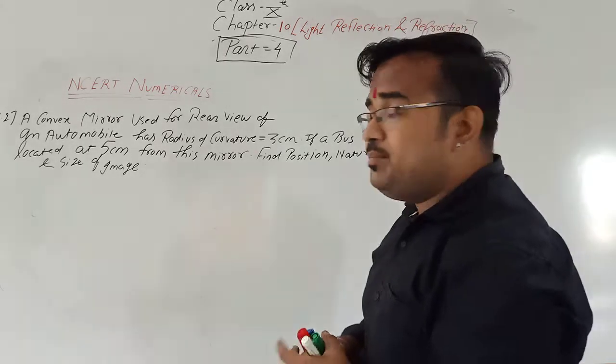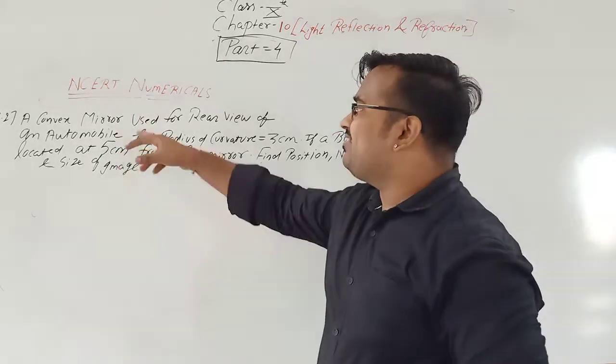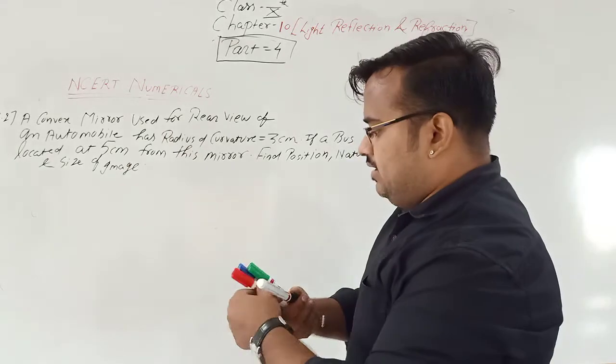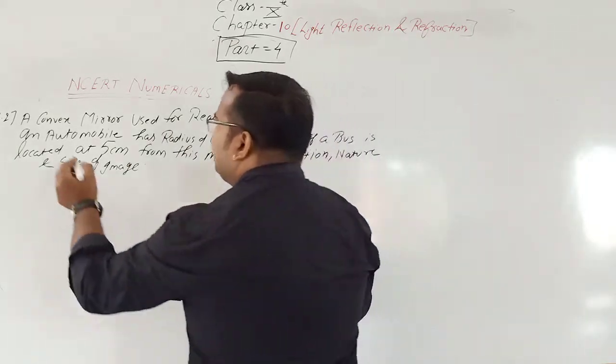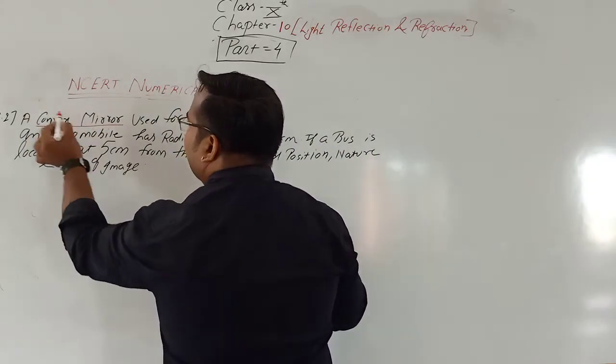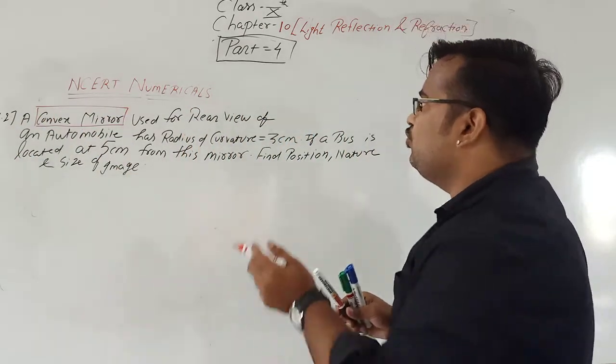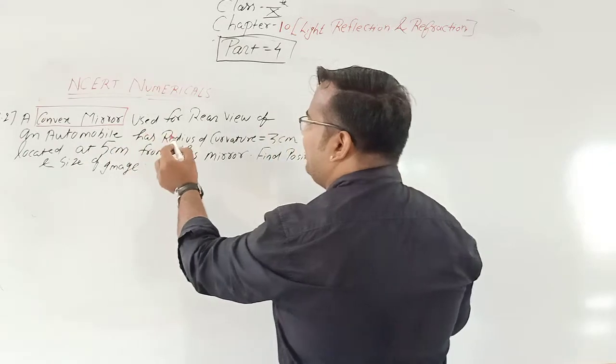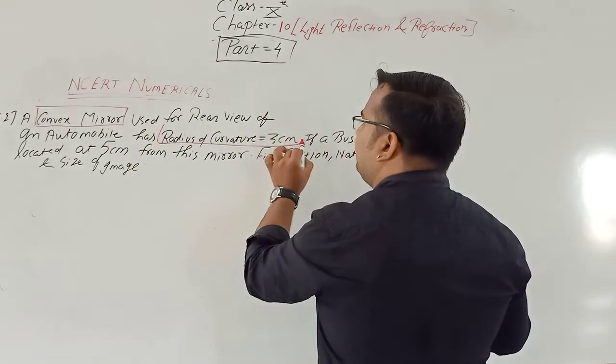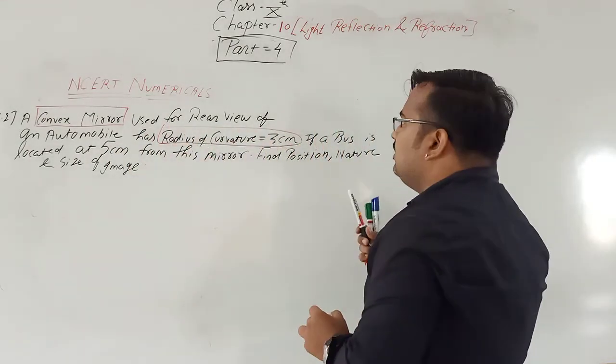See, this is the question number 2. A convex mirror. First you should underline the word convex mirror. Or you can make a box. A convex mirror used for rear view of an automobile has radius of curvature 3 centimeter.